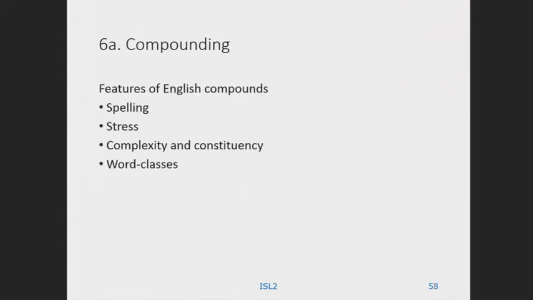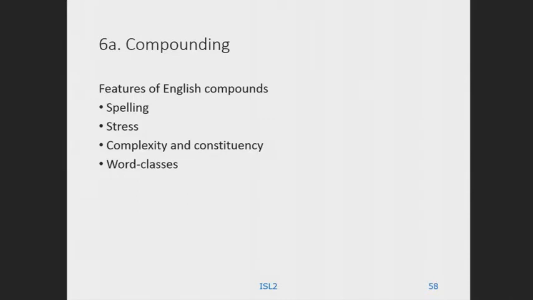Yeah, compounding in English, you already saw before that spelling is not a big deal. I mean, in German you usually make it all into one word and we don't have spaces in between. Whereas in English, you may have spaces, you may have hyphens, you may write it as one word. And usually the older the word is, the more likely it is that it's spelled together.